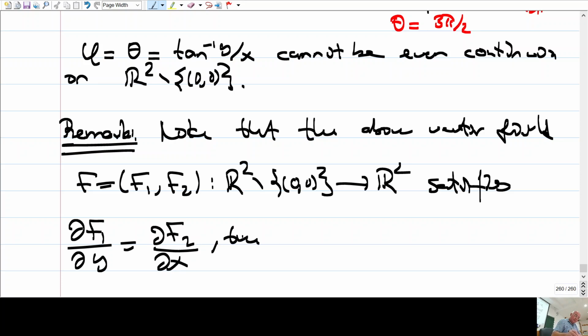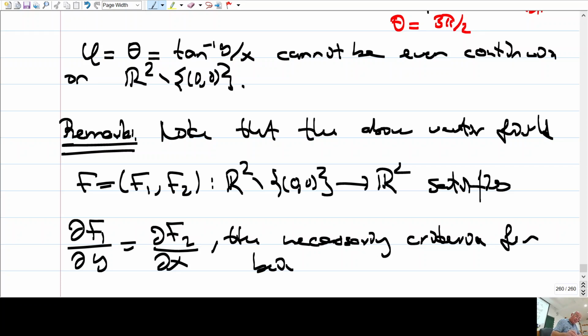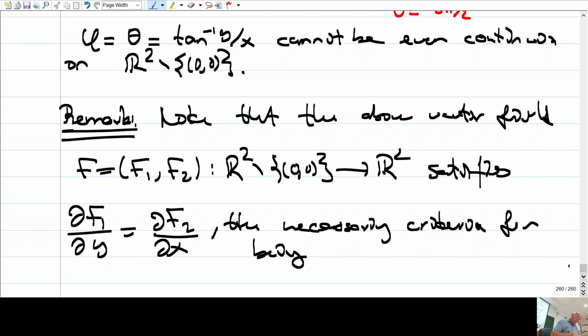The necessary criteria for being conservative.